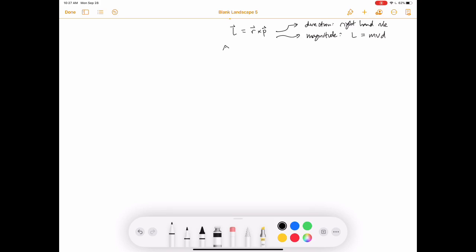Okay, so to sketch out what's going on in this case, we have the x, y, and then the z-axis coming out of the page like this. The particle is up here somewhere, and it's moving to the right. So the vector r would be pointing from the origin of the coordinates to the location of the particle. So that would be the r vector, and then the p vector would be pointing to the right in the direction that the particle is moving.